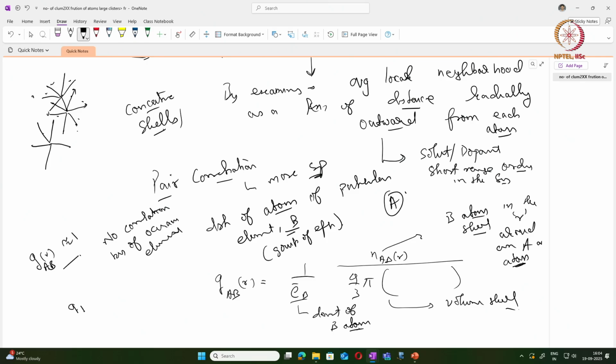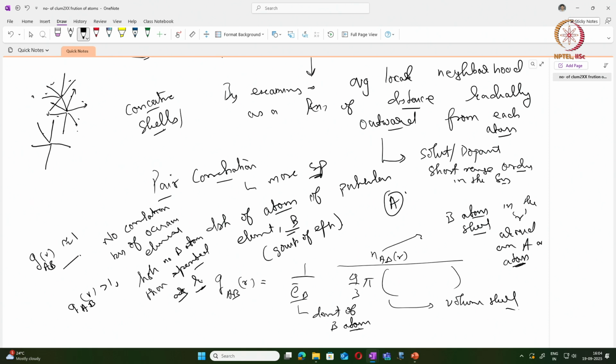If your g_AB(r) is greater than 1, it means that there are a higher number of B atoms than expected at a distance r around the A atom.